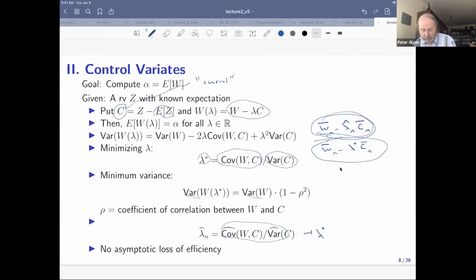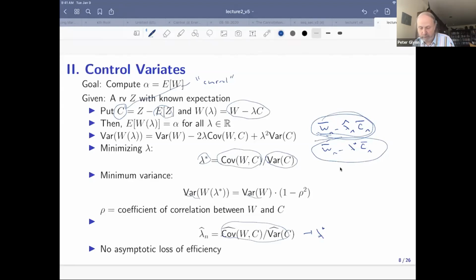Now, the control variates method that I just described is a scheme involving a single control, but we could have a vector of controls as well. And then the lambda becomes a vector of control coefficients that have to be optimally estimated. And again, that is relatively doable. You do run into problems, as you would expect.